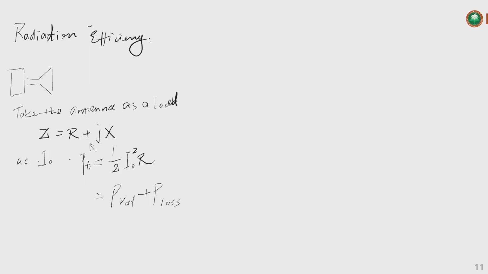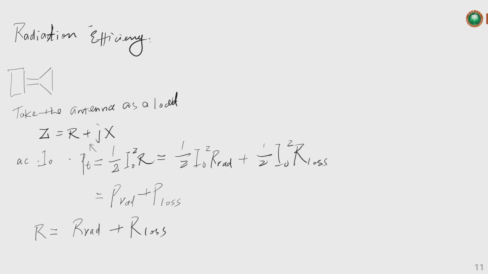So the resistor can be split into two parts: one used for radiation, and another related to the ohmic losses.